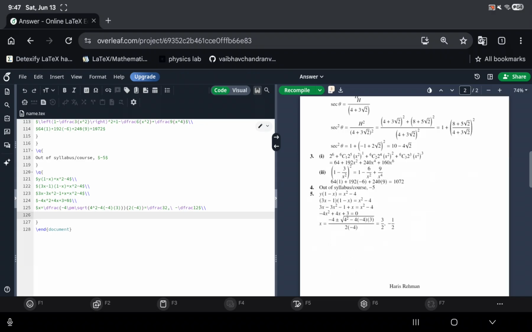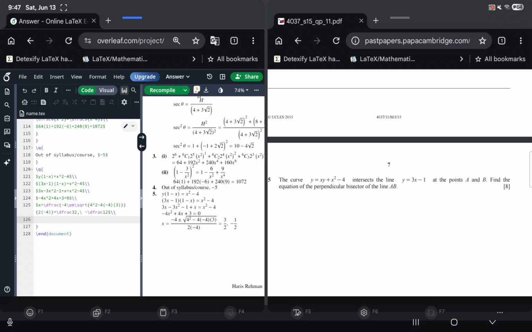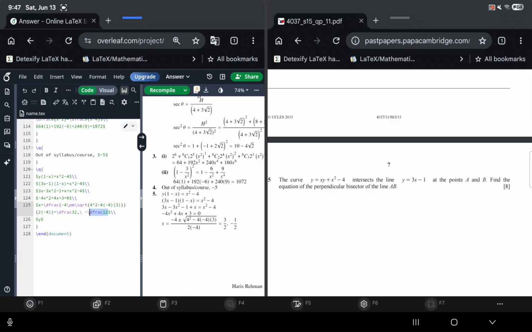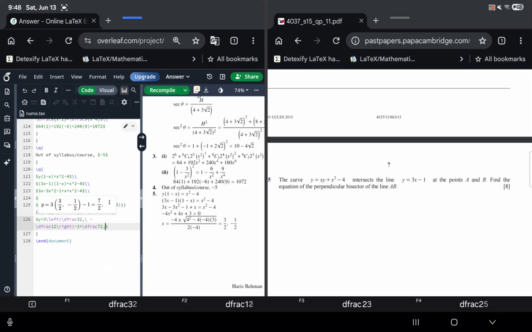Now plug in both values into this equation. Y is equals to 3x minus 1, so 3 times 3 over 2 minus 1 is 7 over 2. And if we do negative 1 over 2, we get negative 5 over 2.